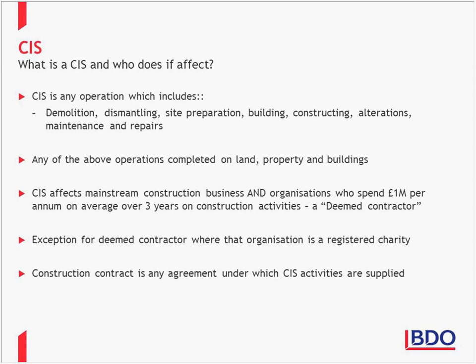Types of construction contract: a supply whereby a separate contract for each construction service is entered into, or a mixed supply which can include both works that are within CIS and works which are outside. Where you supply under one contract, the full contract is caught within CIS.